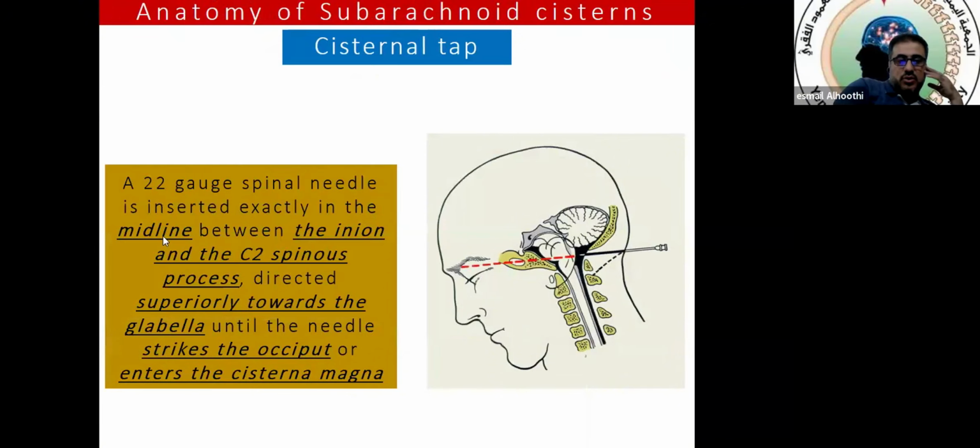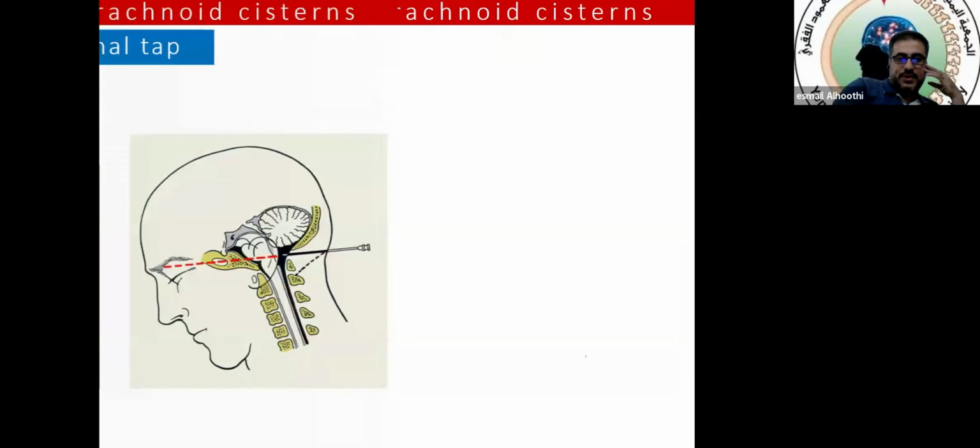It's usually done by a 22 gauge spinal needle inserted exactly in the midline between the inion and the C2, directed superiorly toward the glabella. The needle usually either strikes the occipital bone or goes directly to the cisterna magna, and the CSF can be taken.